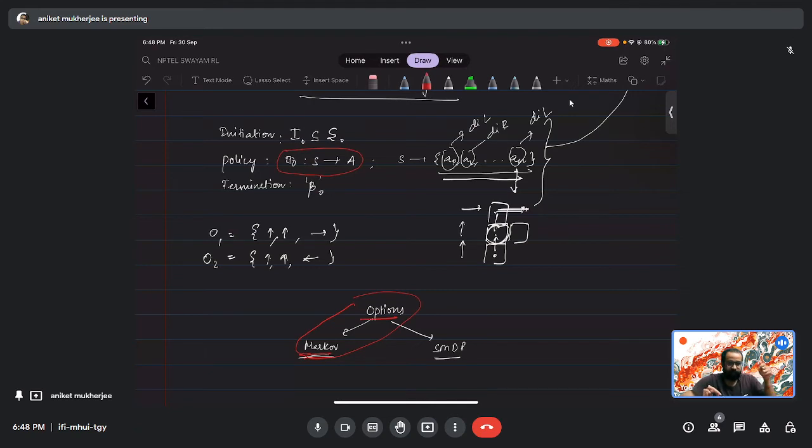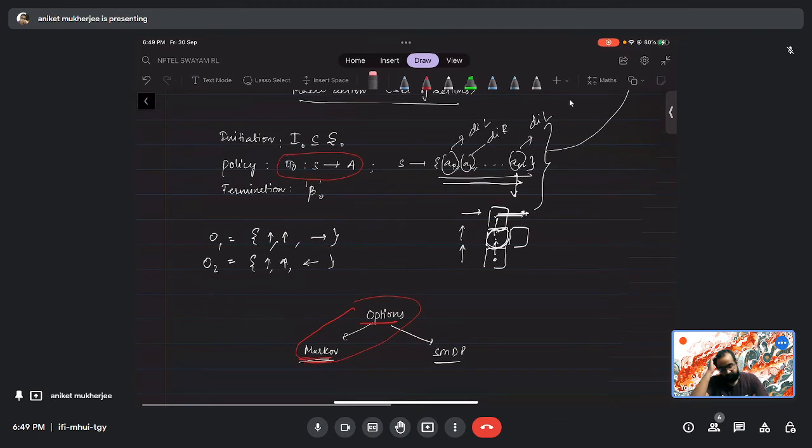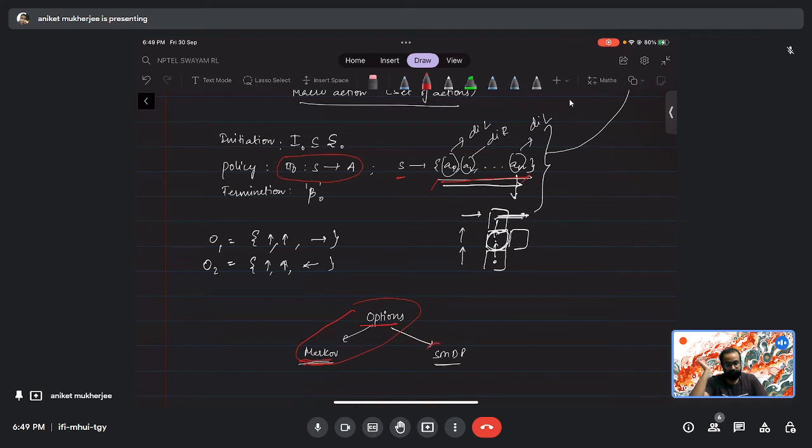So you want a policy given a state, you want an action. So now we are trying to look at semi-Markov options. So now semi-Markov options, instead of giving one action once you are in a state, you give a whole array of actions. So now you want the whole array of actions such that you can formulate it as an assembly.